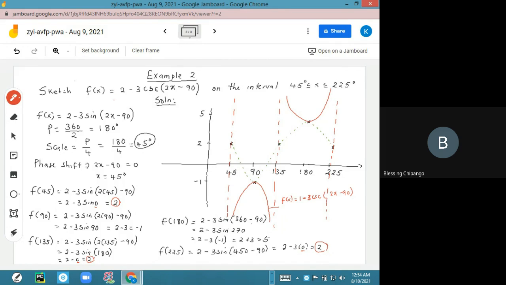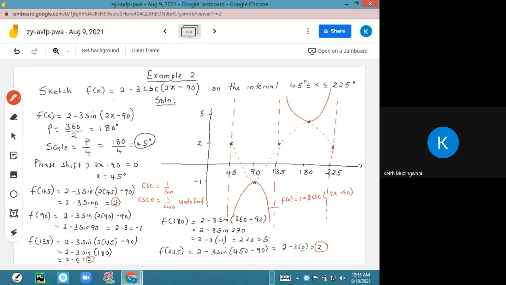Since we know that cosec is 1 over sine, you'd agree with me that when sine is 0, cosec will be undefined at that point. We agreed cosec is 1 over sine. And so cosec 0 is 1 over sine 0, and so it is undefined.